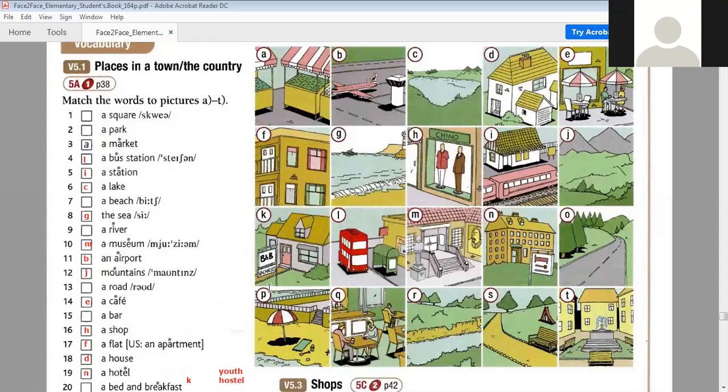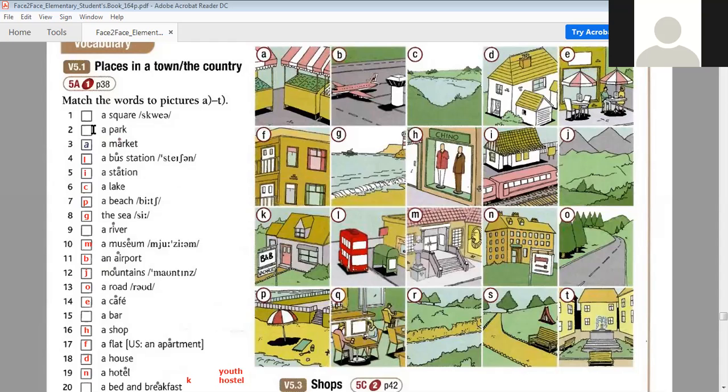A hotel. What about O? A road. Where's road? Here it is. And what about P? A beach. What about Q?